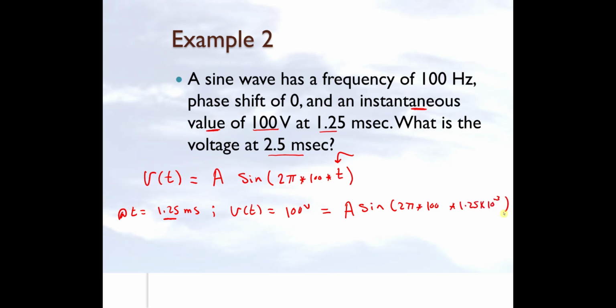Okay, so the only unknown here is A, so we can solve for A. A would be 100 divided by the value of the sinusoid. So we have A equals 141.42 volts.